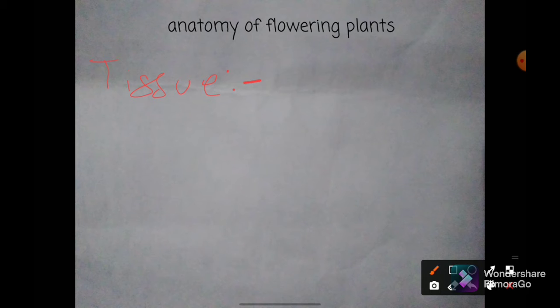I'll discuss deeply over there why they have used this word usually. So, what is a tissue? A tissue is a group of cells having common origin and performing common function. This is a very clear definition.